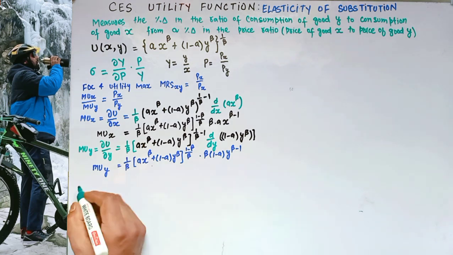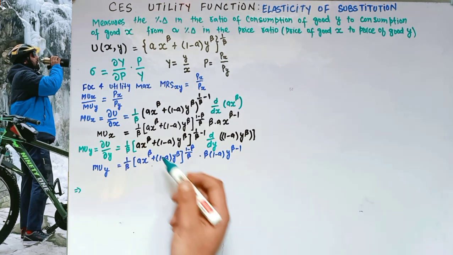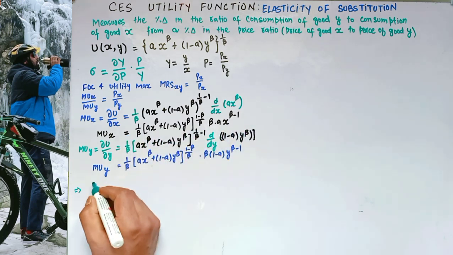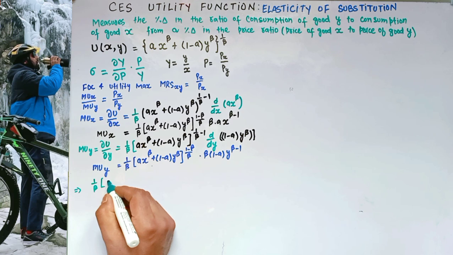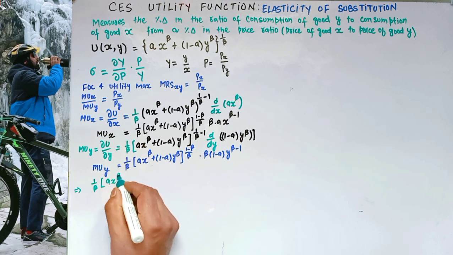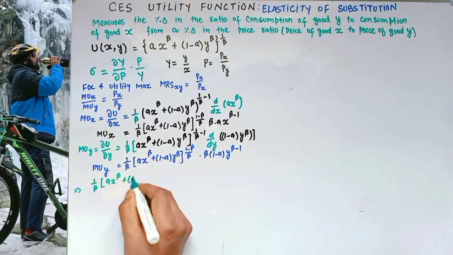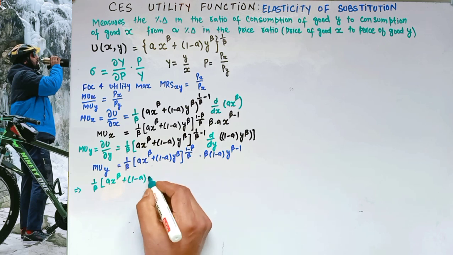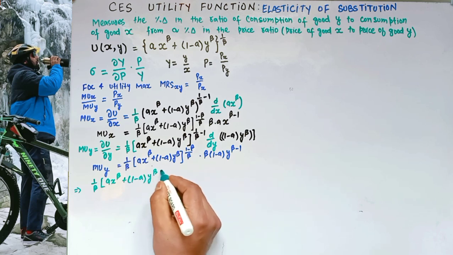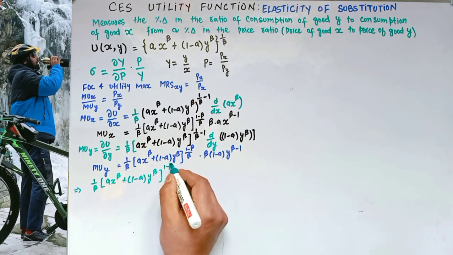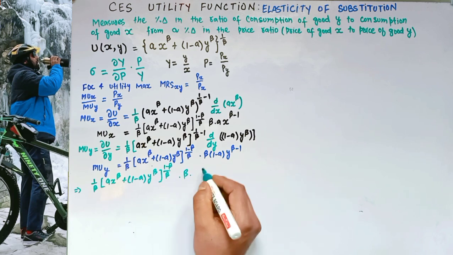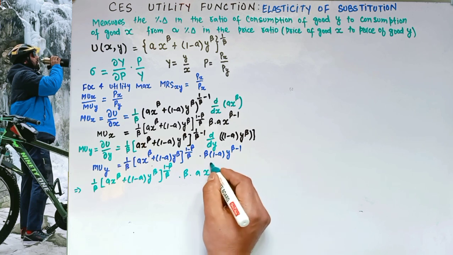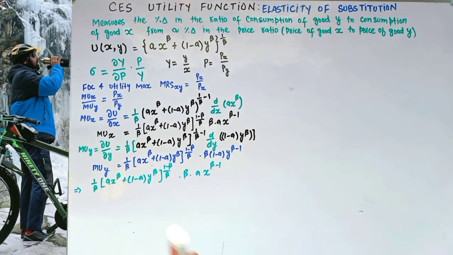So let's write it here. We have 1 upon beta, then a x to the power beta plus 1 minus a y raised to the power beta, whole raised to the power 1 minus beta upon beta, times beta times a x raised to the power beta minus 1.